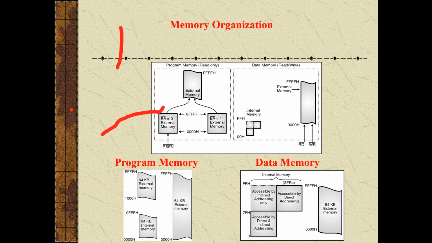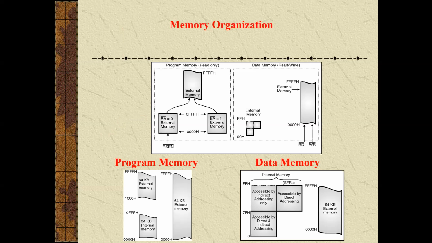This is the program memory. It has 64K of external and 64K of internal program memory. If I want to access this internal program memory, I should connect the access enable pin, EA bar, to VCC.